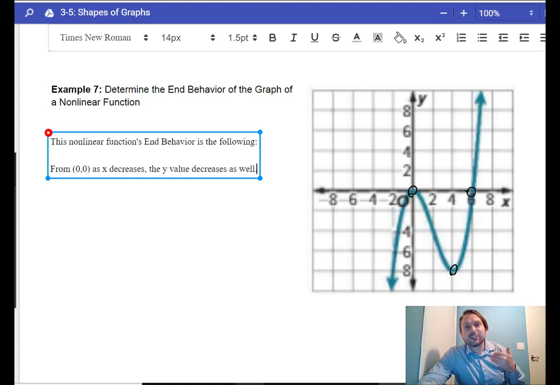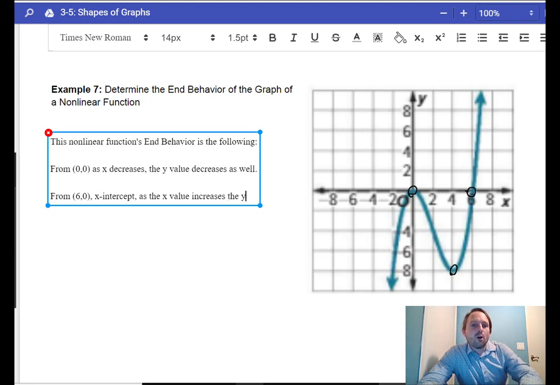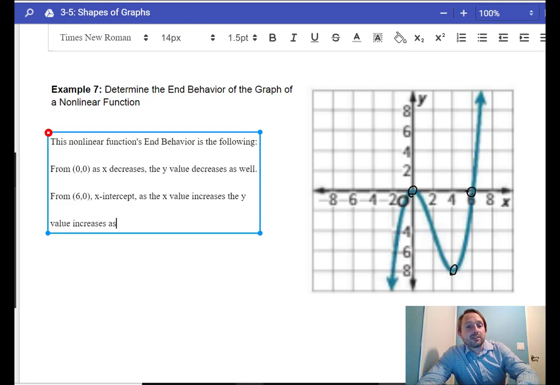I would also say it decreases faster than the x value is decreasing. From the other x-intercept, (6, 0), as the x value increases, the y value increases as well.